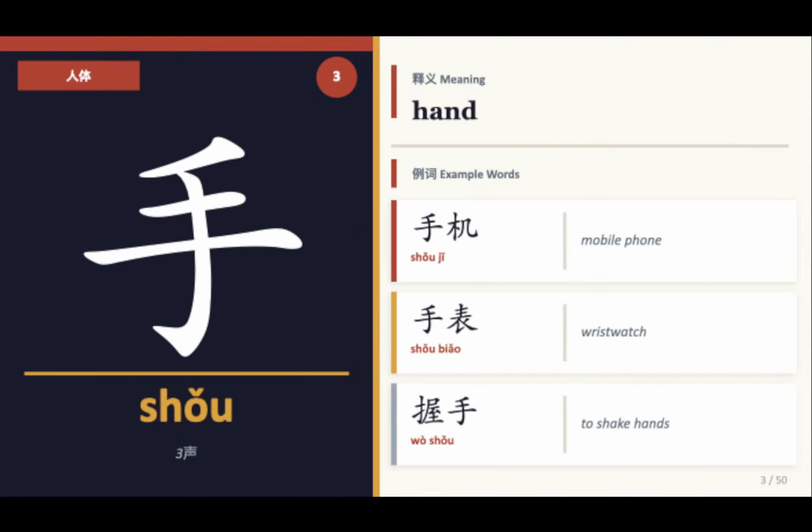How about the next one? The next one we have is 手. 手 means the hand. For words we have mobile phone, we say 手机, our handphone, something we hold in our hands. 手表 is the watch. And to shake hands, we say 握手.